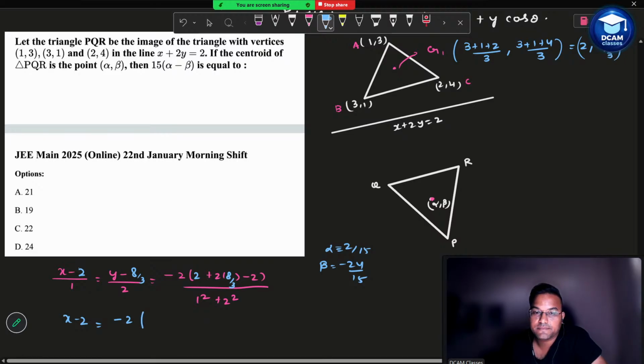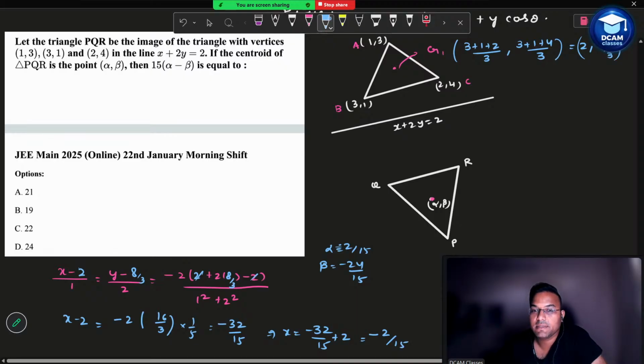This will get cancelled, so 16 by 3 by 1 by 5. So x will be minus 32 by 15 plus 2, which is 2 by 15, minus 2 by 15.